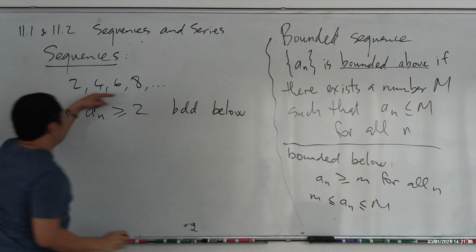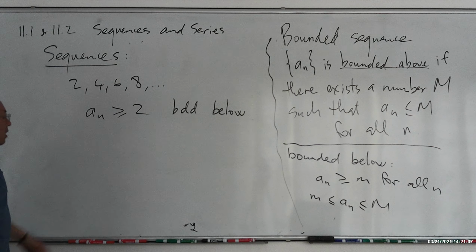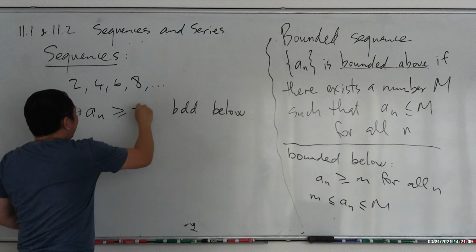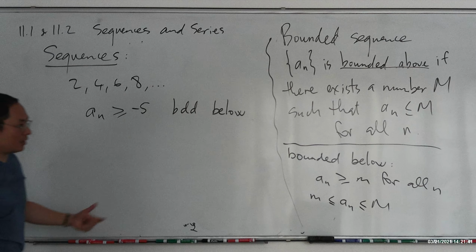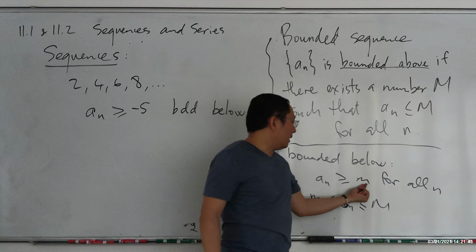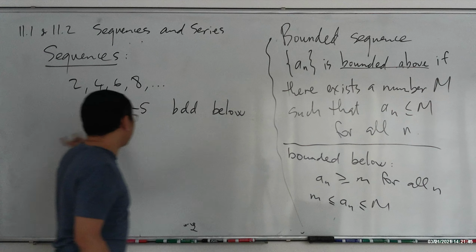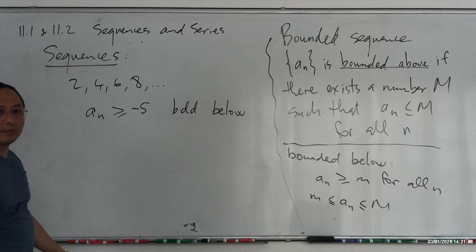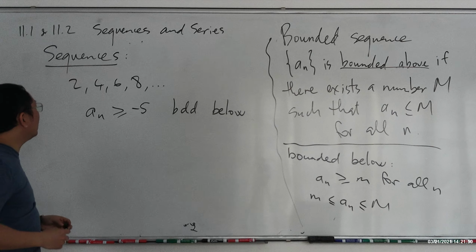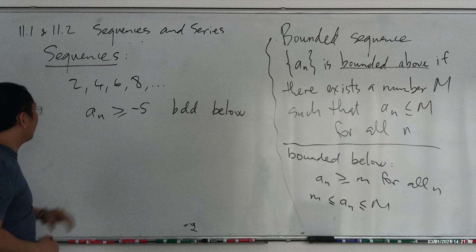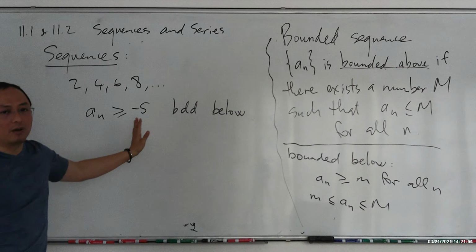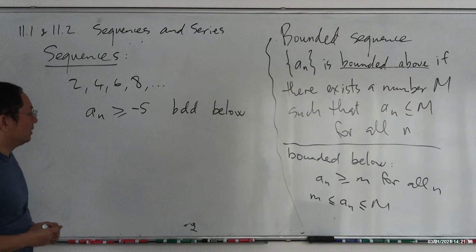You see, all the terms in this sequence are going to be greater than or equal to 2. Or you can have greater than or equal to -5. That would work too, right? So actually you don't have a fixed little m right here. You can find any number less than 2. And 2 is called the greatest lower bound because it's the biggest number among all the lower bounds.